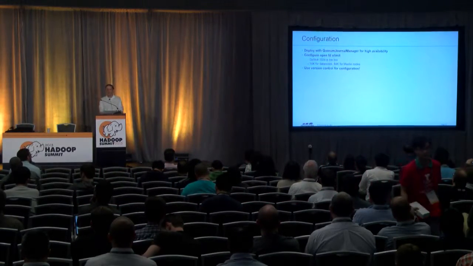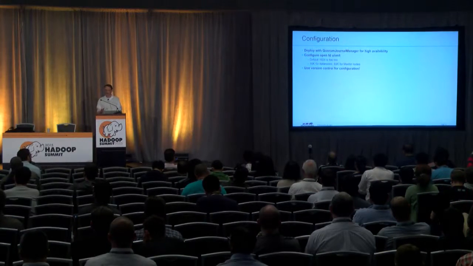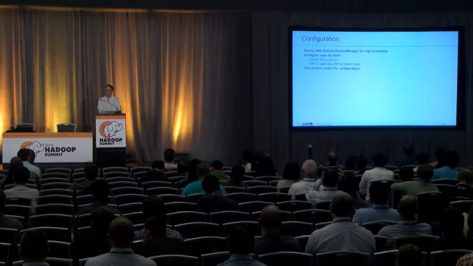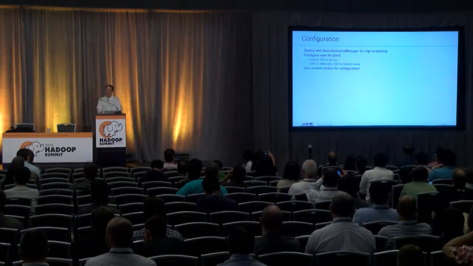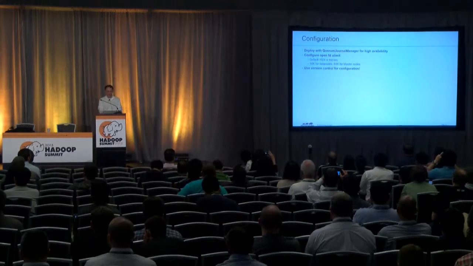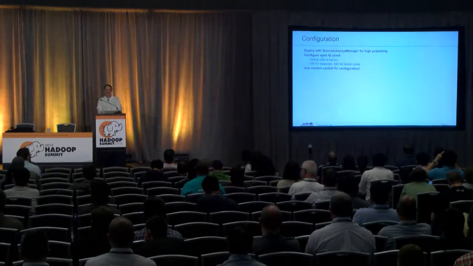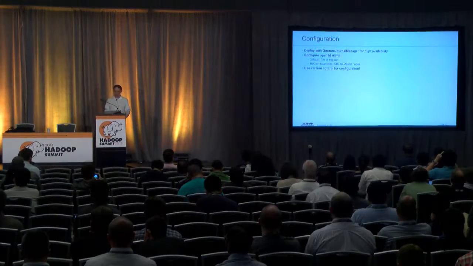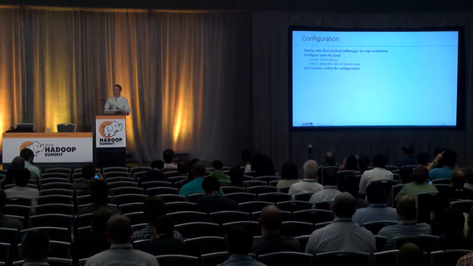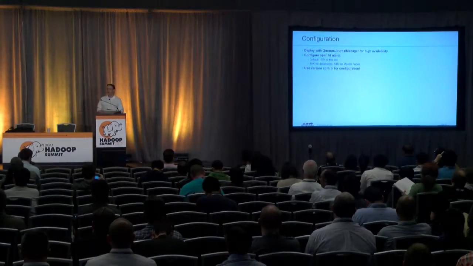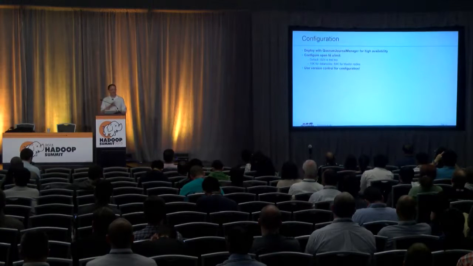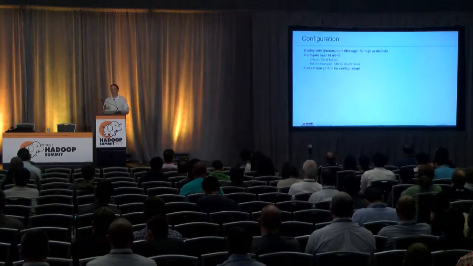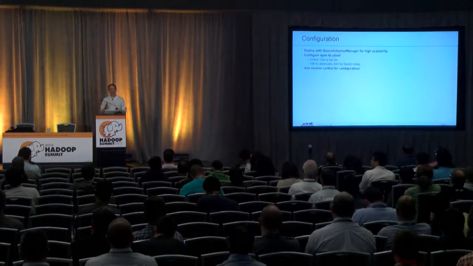Name node high availability was a very hot topic a few years ago. There were a couple of different architectural options that you had there. At this point, the recommended HA architecture is to use Quorum Journal Manager. And there is additional documentation on this on the Apache site. But to summarize, in case you're not familiar with that, the Quorum Journal Manager architecture deploys an active standby pair of name nodes and offloads edit logging to a separate set of daemons called the journal nodes.